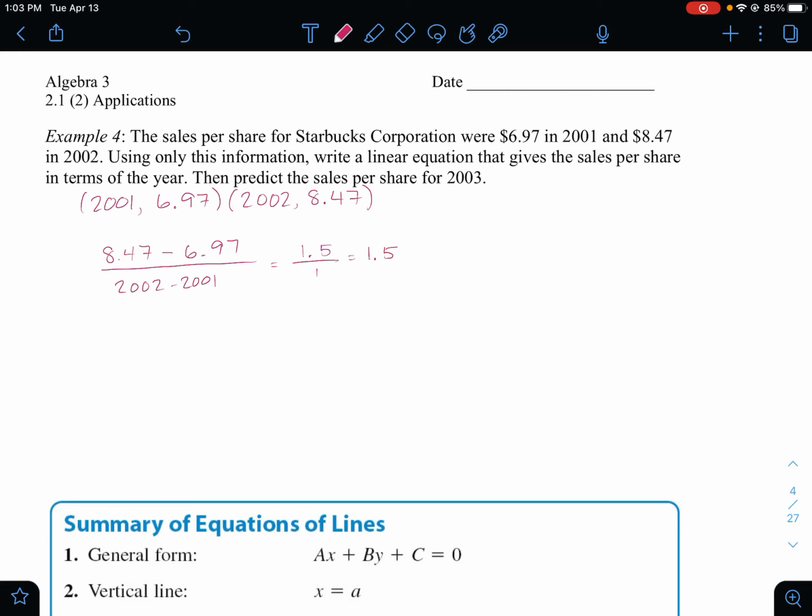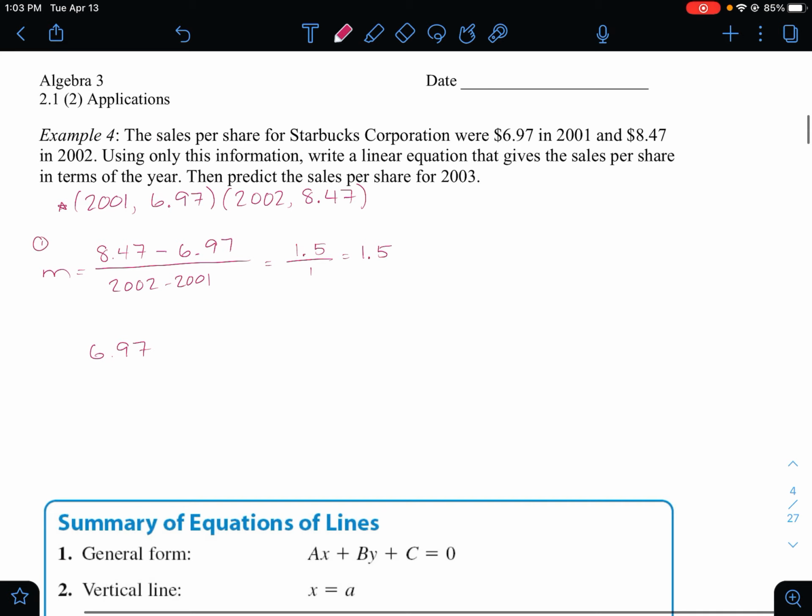All right, so I'm going to pick a point. I'm just going to go ahead and use the first point. So hang on, that was our slope. So now we have to find our y-intercept. So my y value is 6.97. Put my first step and my second step. So y equals m times my x value plus b. So 6.97 equals 1.5 times 2001.